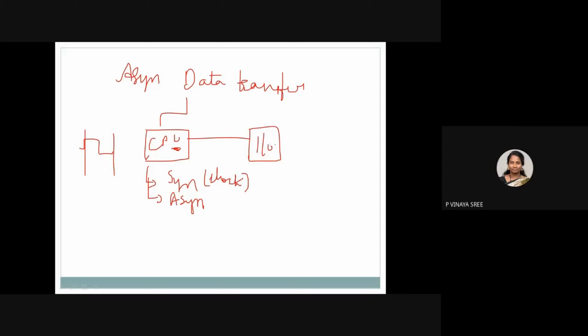But the CPU is a very fast electronic device, whereas the IO is an electromechanical device, which is very slow. Within a single time period the CPU can send thousands of words, but the IO can only receive one word. So synchronous transfer cannot be done between those two devices.